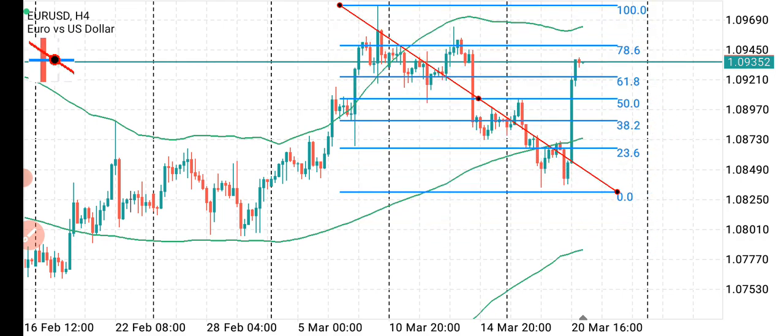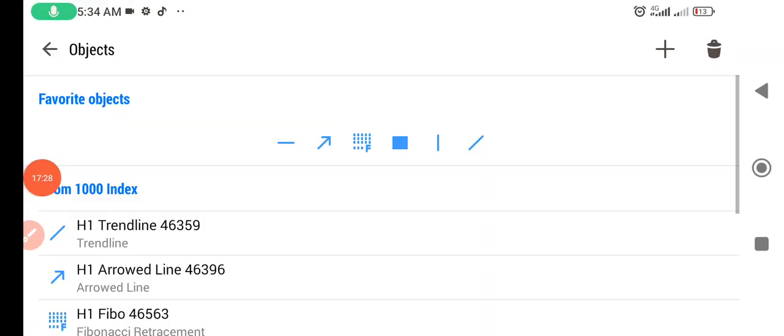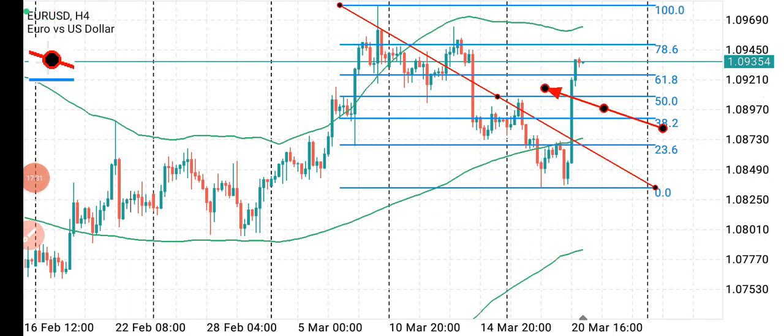Let's see. Okay, so you can see that presently price is around the zone. This is a break of structure already, and we're having a retest, and price is close to the 78.6 level. So now that price is here, if we are to make our entry here, our stop loss is going to be above here, and our take profit is going to be down here.